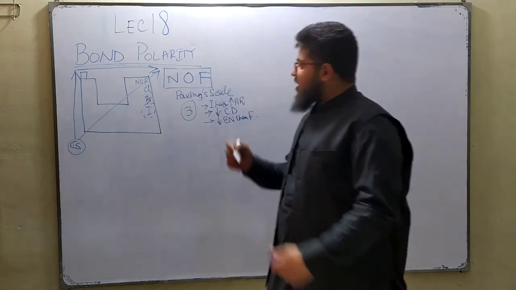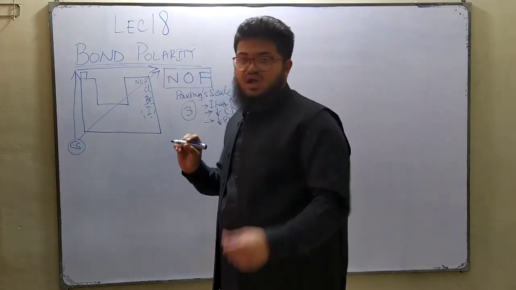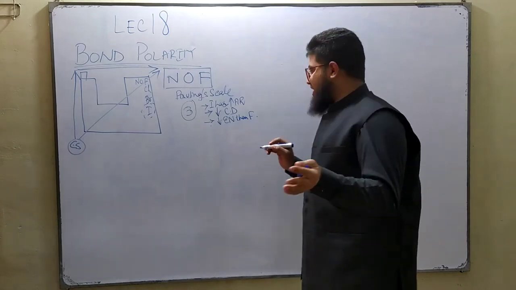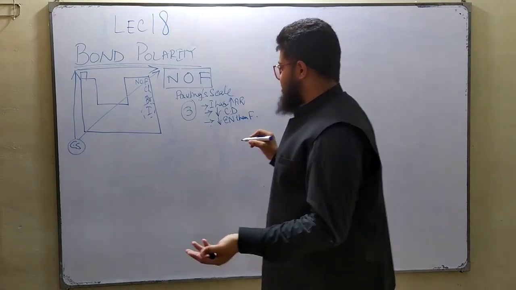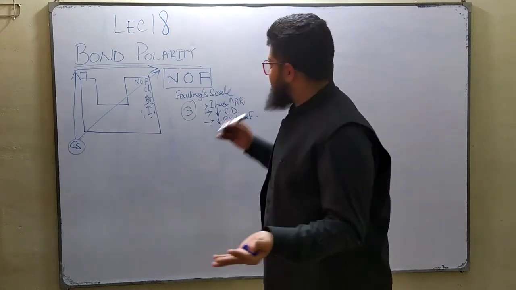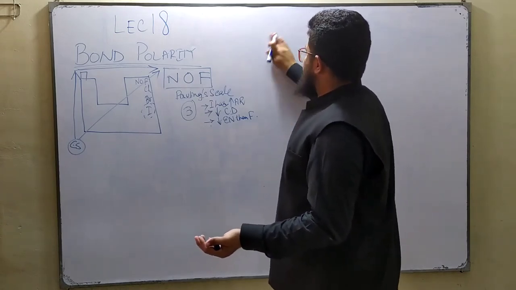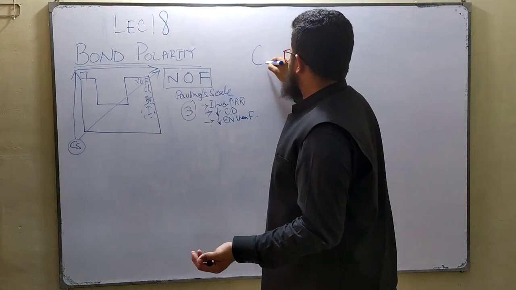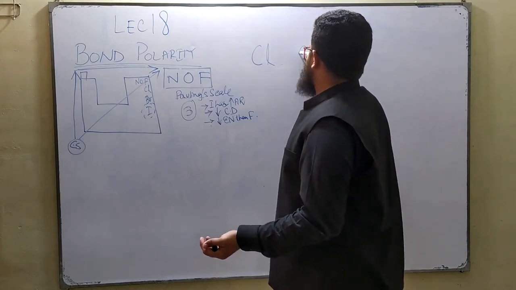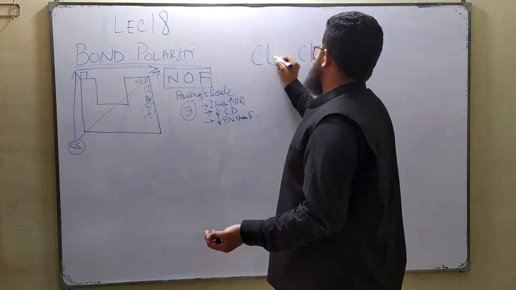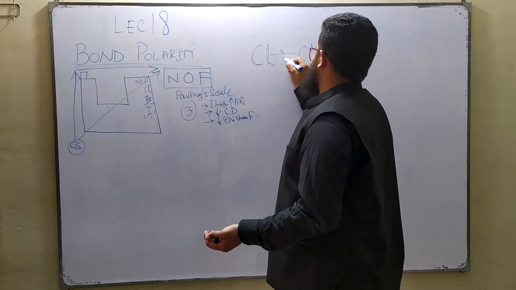First of all, if you have 2 atoms of equal electronegativity, meaning the 2 atoms are identical, like the example I gave you earlier of chlorine. Let me make it a bit bigger. This is chlorine, and there is another chlorine over here, with a bond between them, and these are the electrons.